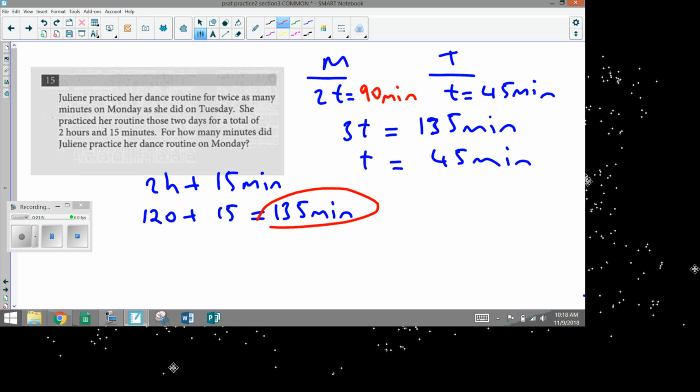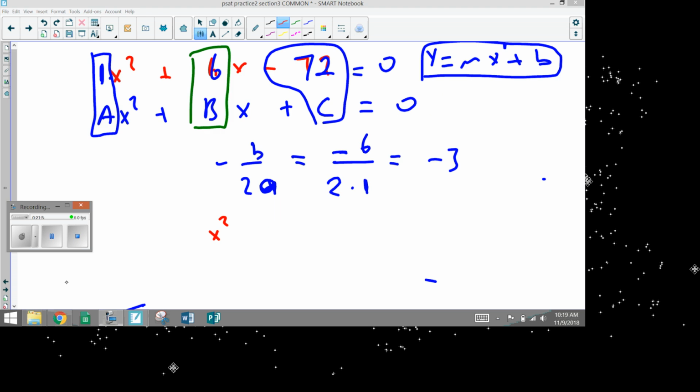Is there any question? X squared plus 6x minus 72. Okay, guys, we're gonna factor this one. Just say you may be familiar. I'm gonna do one example before I get back to the original question. Okay. So what are the factors of 72?